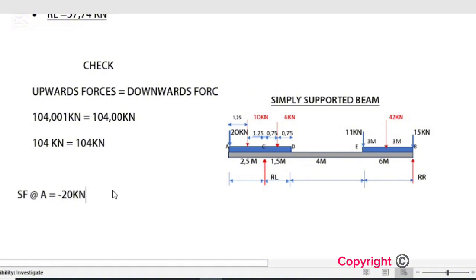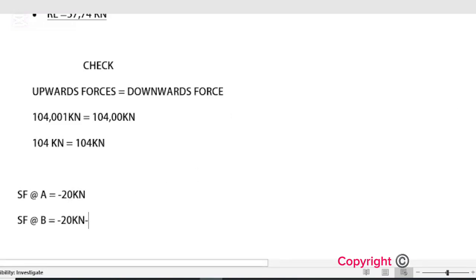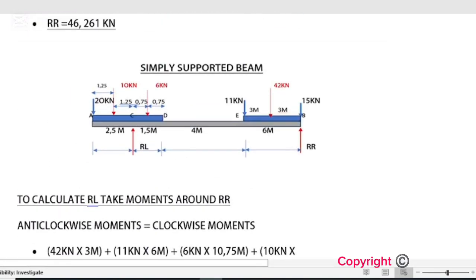Okay, let's go again to shear force at B, equals to this negative 20 kilonewton minus another force, minus 10 kilonewton.